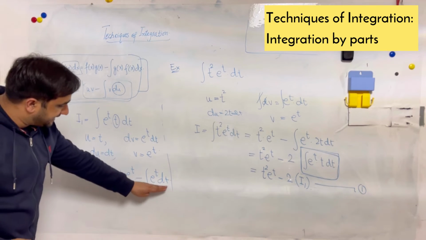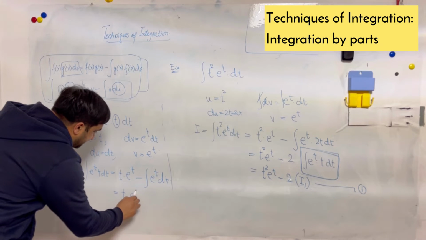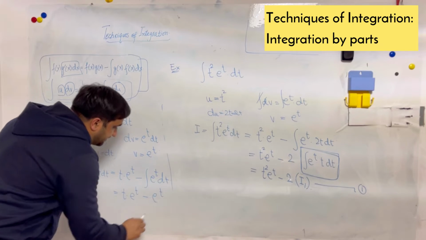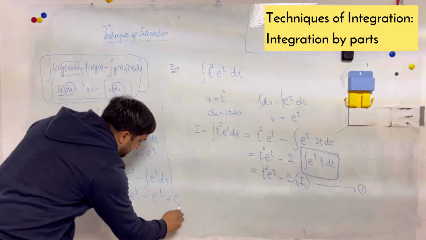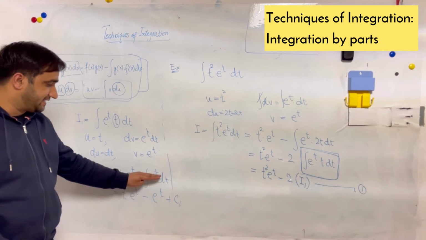And you know that the integral of e^t dt is what? t e^t minus e^t plus, let's say this is c1, a constant of integration coming from this integral.